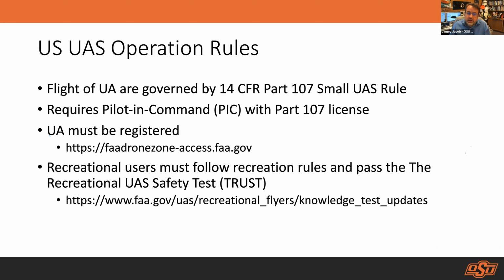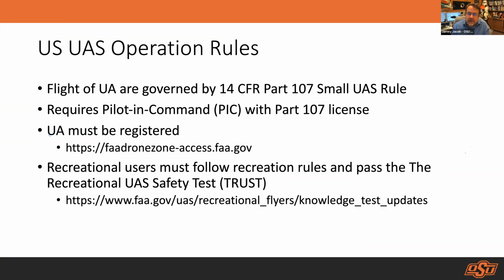So there's a website, the FAA Drone Zone, that allows you to go and register a vehicle to give your vehicle a unique number, and then you have to put that registration number on the aircraft. If you're doing this purely for recreational, it does not include if you're doing this for any type of research activity on the campus.